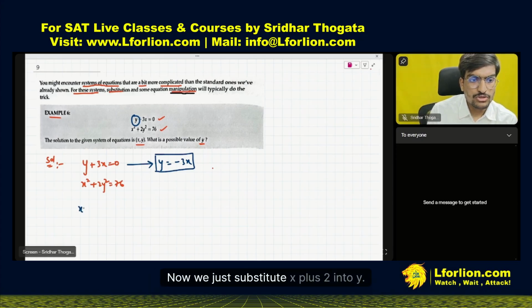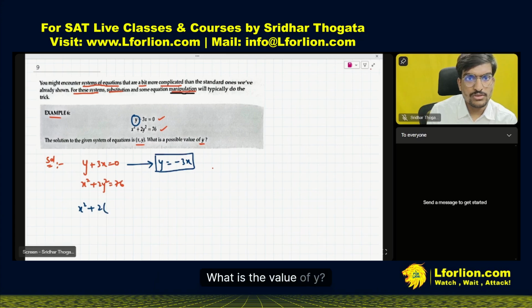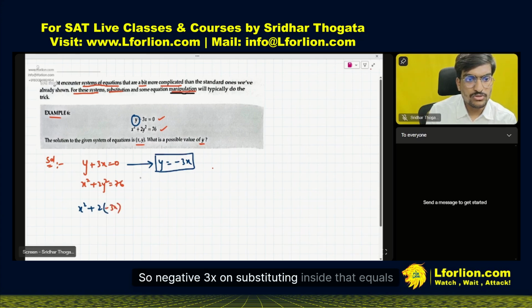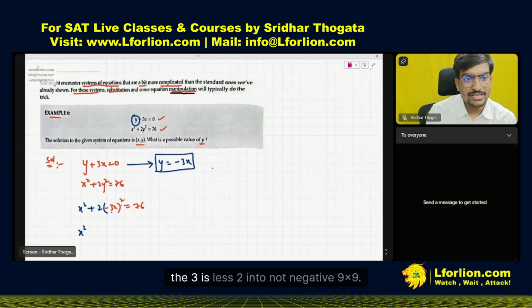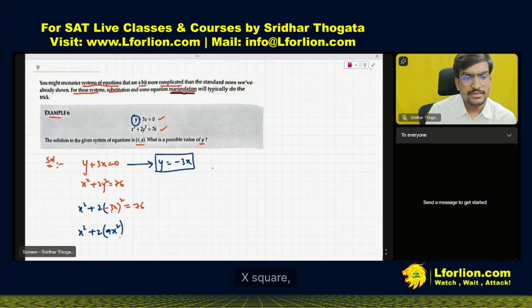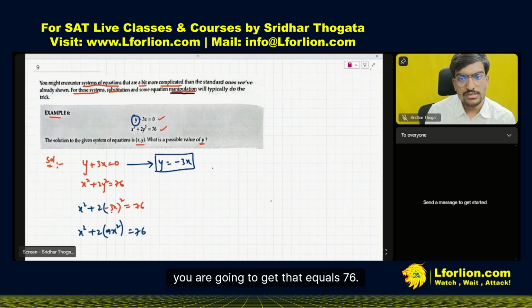Now we just substitute for y into the second equation. What is the value of y? Negative 3x. So negative 3x substituting inside, that equals 76. So x squared plus 2 times (negative 3x) squared, that's 9x squared you're going to get, equals 76.